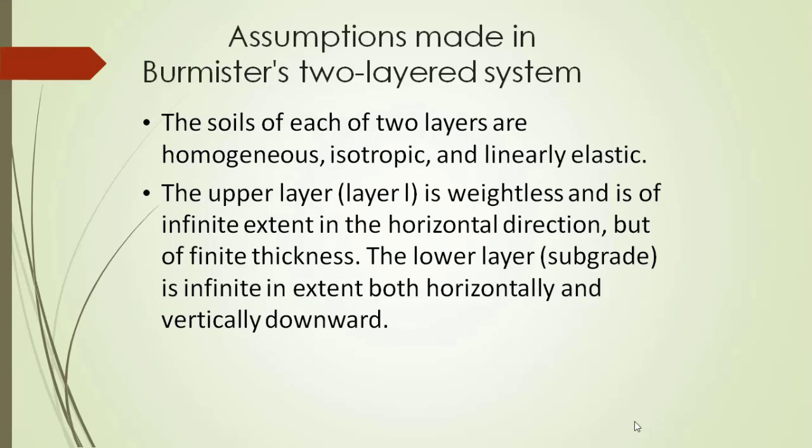The second assumption is that the upper layer, that is layer 1, is weightless and of infinite extent in the horizontal direction but of finite thickness, while the lower layer, that is the subgrade, is infinite in extent both horizontally and vertically downward. The surface layer is infinite in the horizontal direction and finite in the vertical direction. The underlying layer in the two-layer system is considered infinite in both directions.